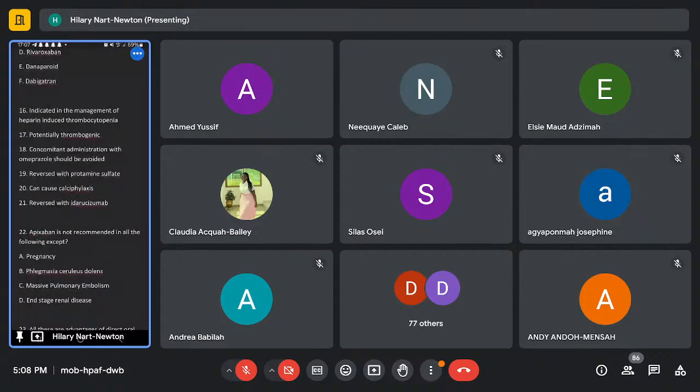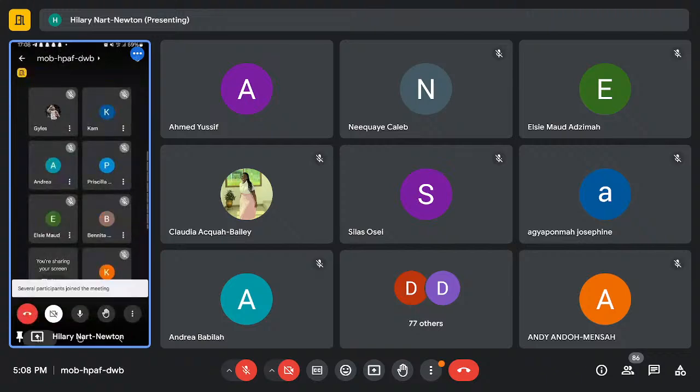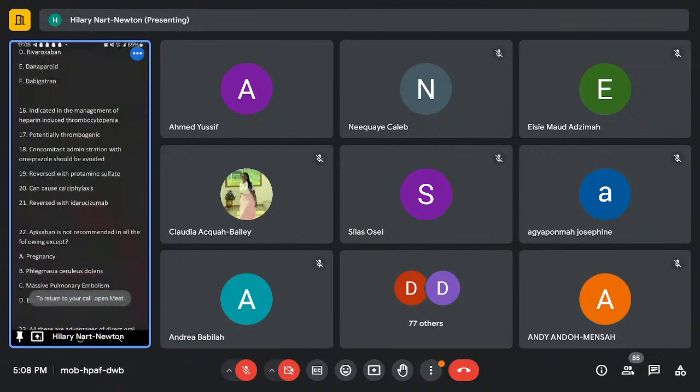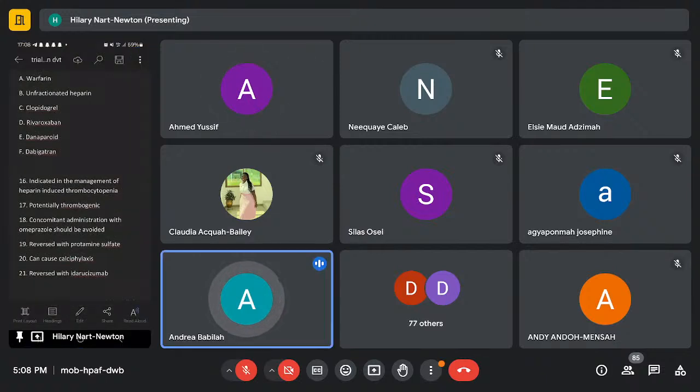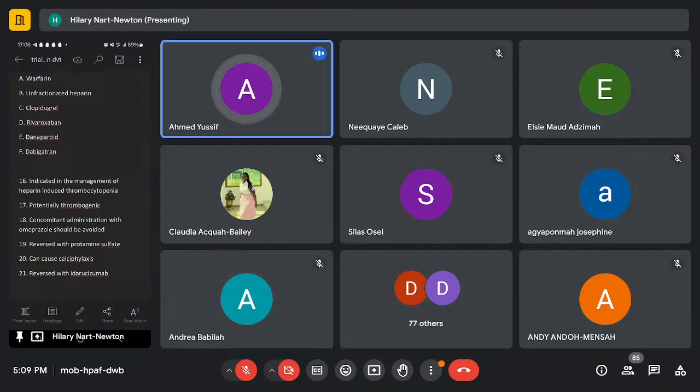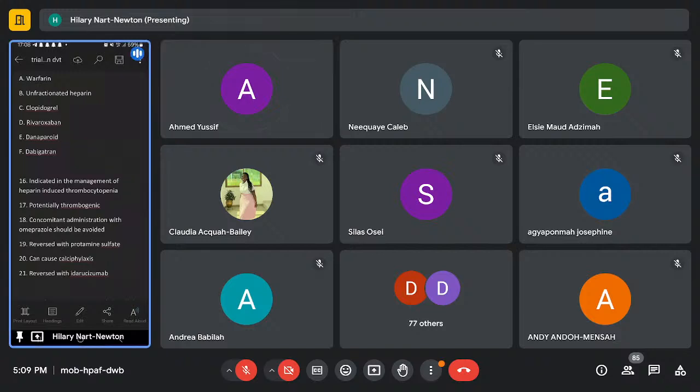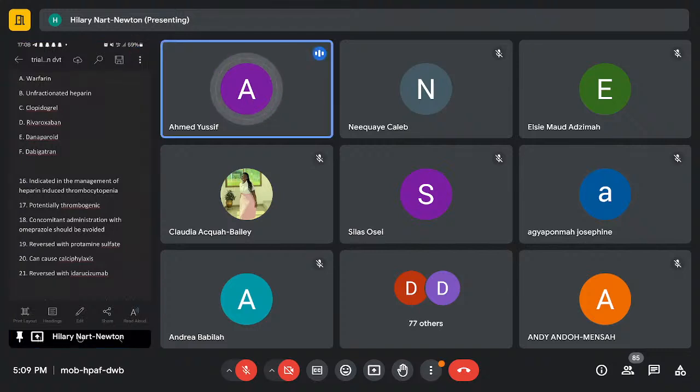Okay, 19. Reversed with protamine sulfate. Which of them? Unfractionated heparin. Okay. 20. Can cause calciphylaxis. Which of them?